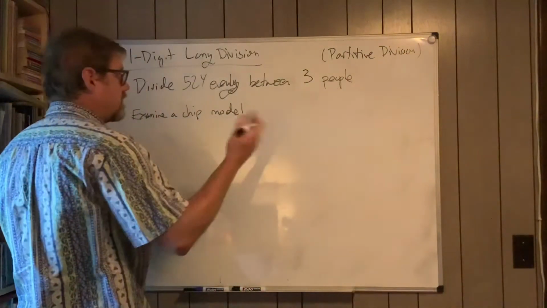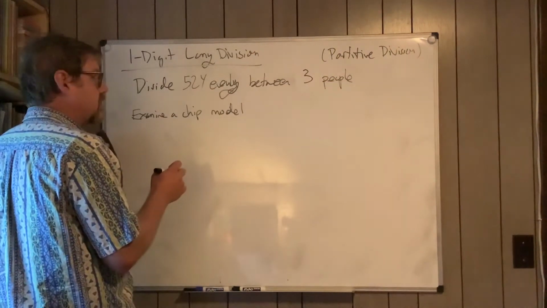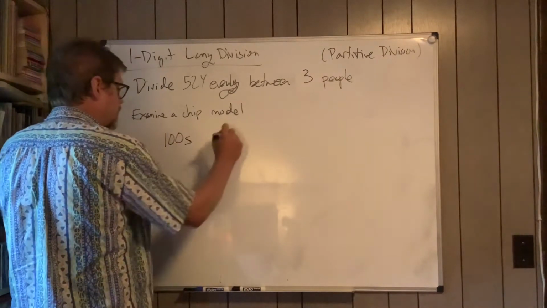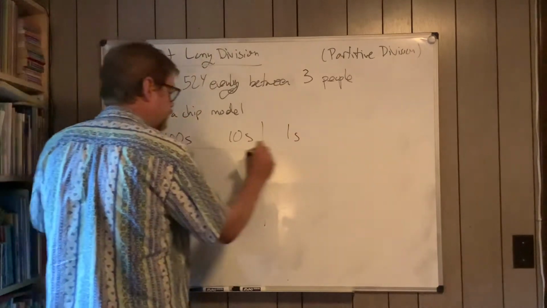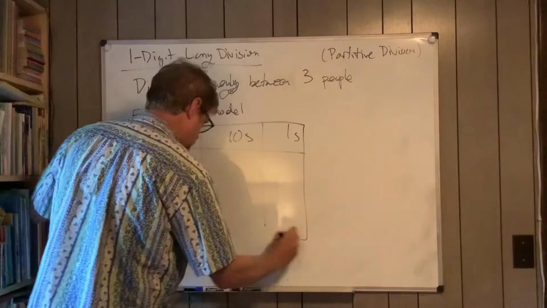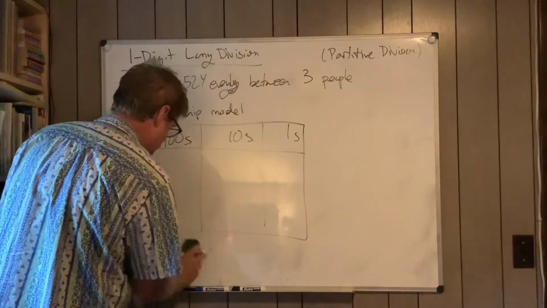Okay. Another video I'm going to show talks about how you do the measurement interpretation. So I've got 100s, 10s, 1s. This may need to go down a little lower.